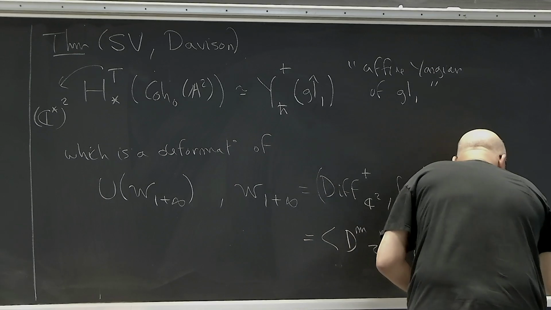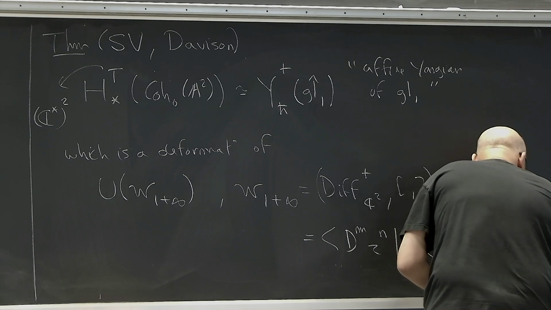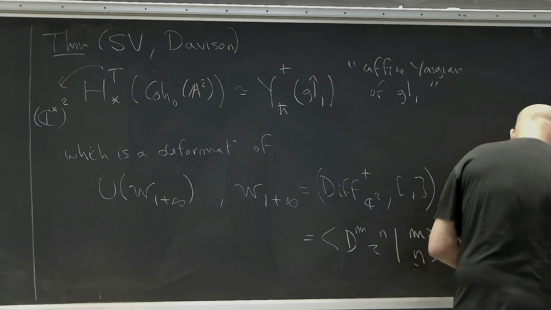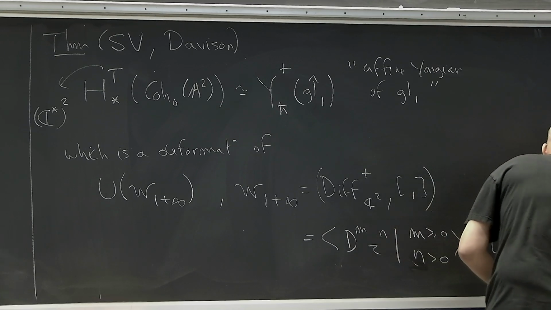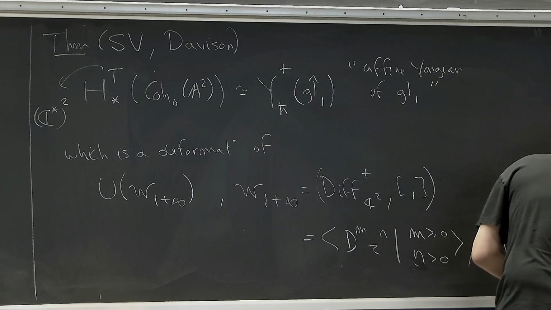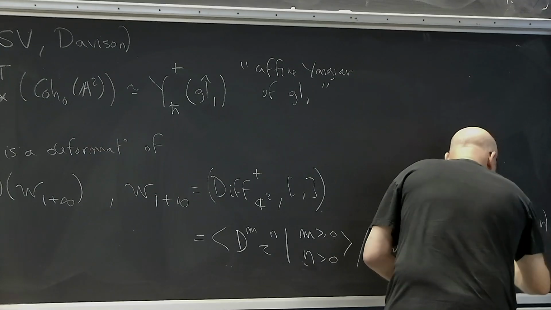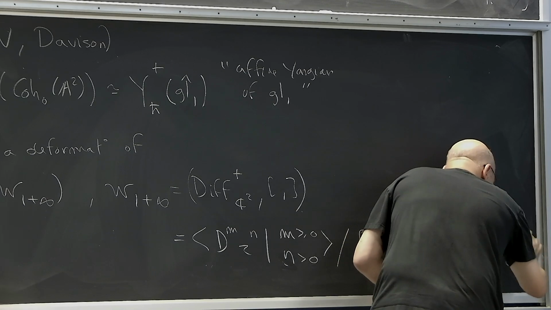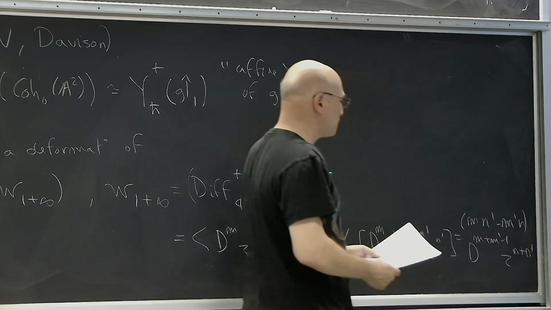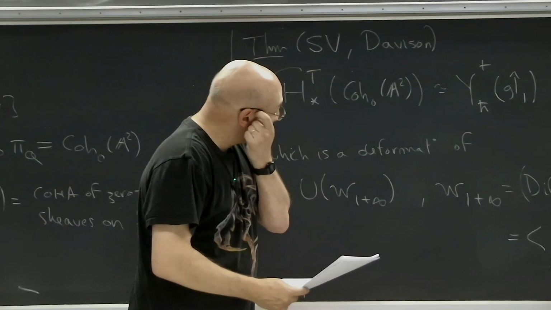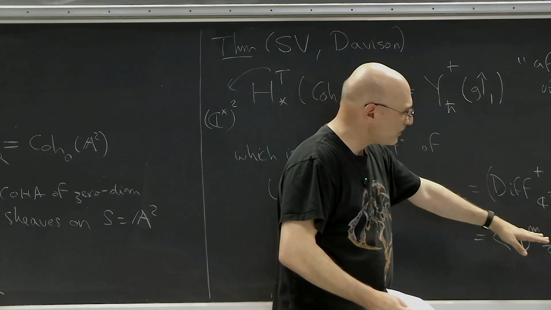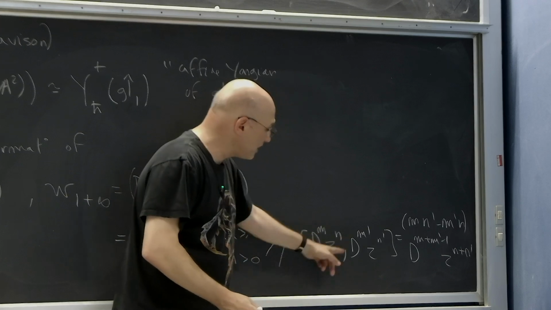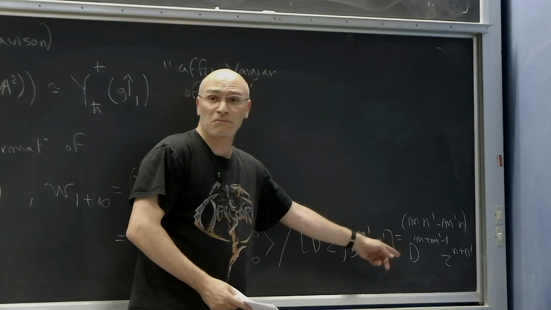And we have the relation: [D^m z^n, D^m' z^n'] equals (m n' minus m' n) times D^(m+m'-1) z^(n+n'). All right, so this is the relation. It's a pretty nice Lie algebra if you think about it. This forms a linear basis, and I just gave you the bracket.